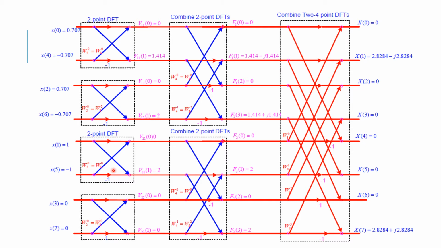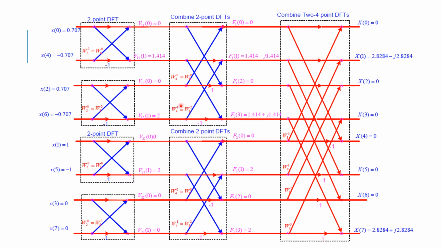Then go to the next stage. Here W4 to the power of 0 is replaced by W8 to the power of 0, whereas W4 to the power of 1, due to the periodicity property, is multiplied by 2, so W8 to the power of 2. So what are the constant elements that we have to place here? W8 to the power of 0 and W8 to the power of 2.